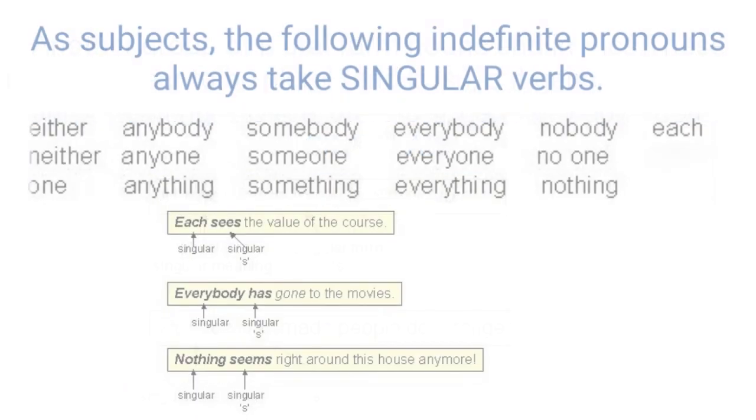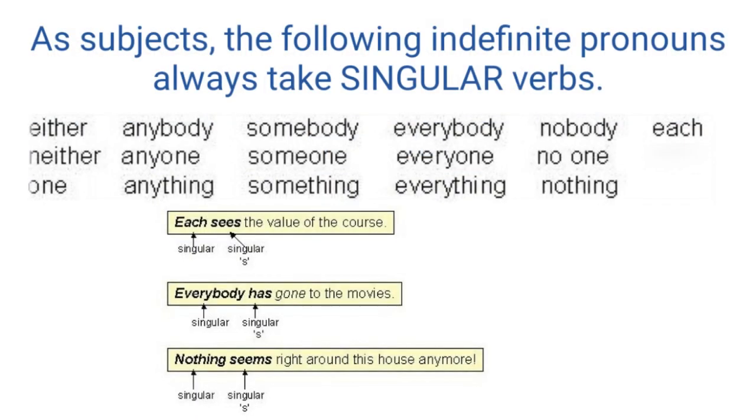The next, as subjects, the following indefinite pronouns always take singular verbs. These pronouns, you should study very well. It's very important. If these words are given as subjects, we should consider them singular, and we should use the verbs also in their singular form.